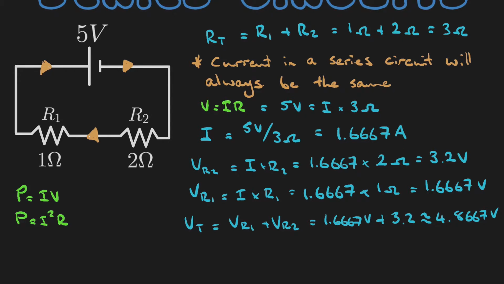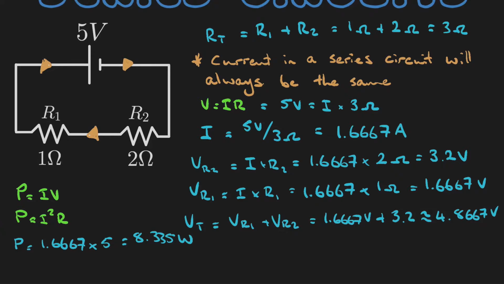So you would just have to go P equals 1.6667 times 5, and then you would get 8.335 watts. Okay?